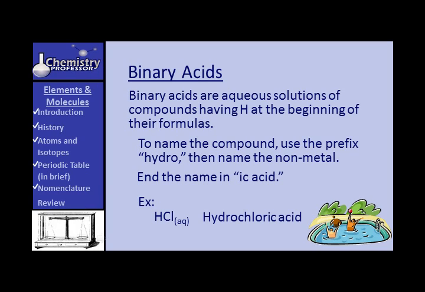What if I didn't have the AQ there? What if you didn't know for sure that it was an acid? What if you had no way of knowing? Then you might very well name it hydrogen chloride. And that would be appropriate because HCl in the gaseous state is certainly hydrogen chloride. But in the aqueous solution, it is hydrochloric acid.